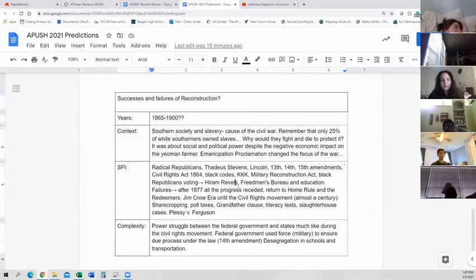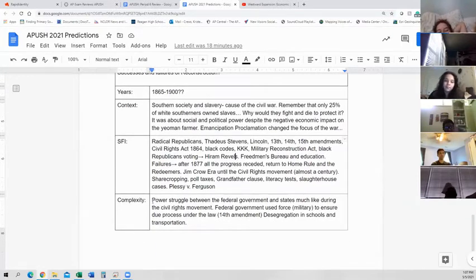The biggest thing and why I like this is because it would be a perfect comparison to the civil rights movement. Here you have an example between 1865 and 1877 where the federal government is passing legislation telling Southern states how they have to treat people, right?